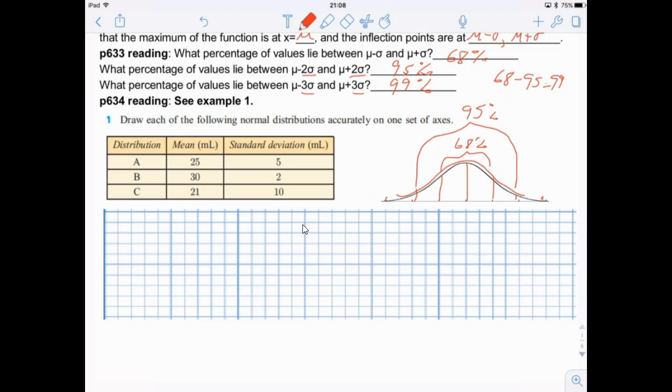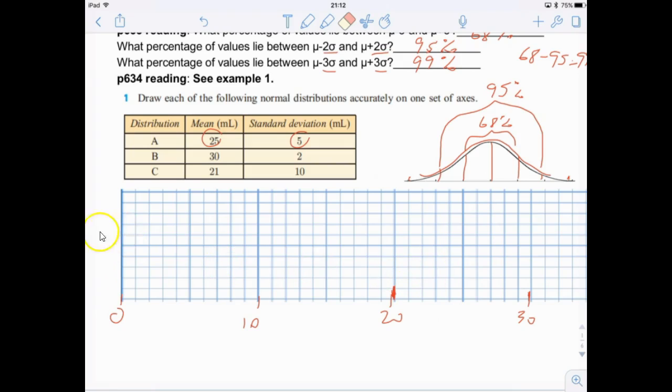The first normal distribution is centered at mean 25 and has a standard deviation of 5. First we mark our axes: 0, 10, 20, 30. I also need to mark the height of the normal distribution, which is given by 1 over square root of 2 pi times sigma.